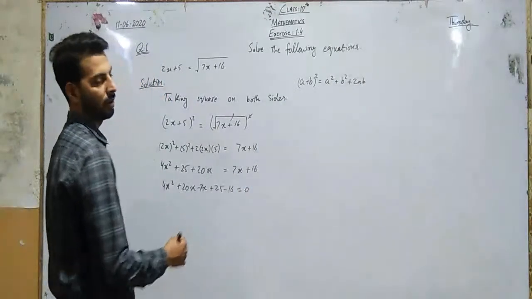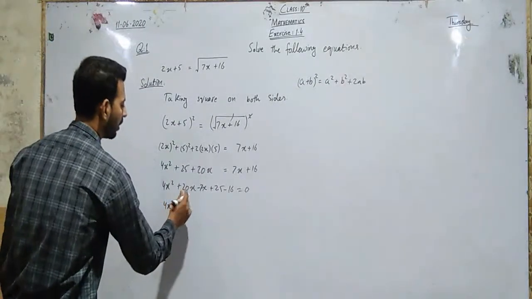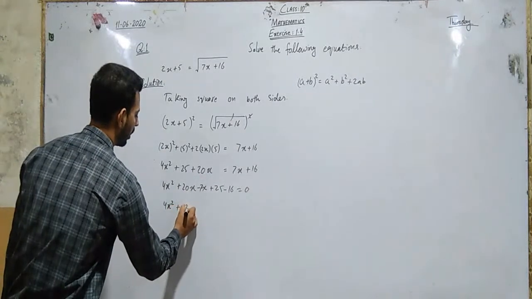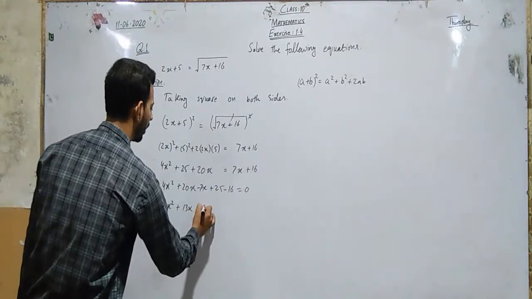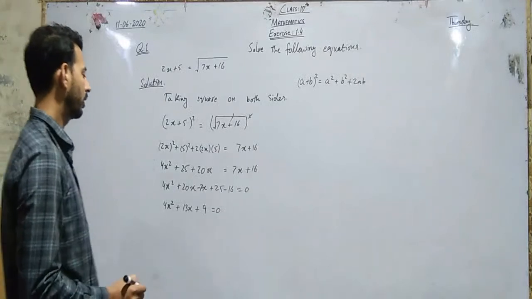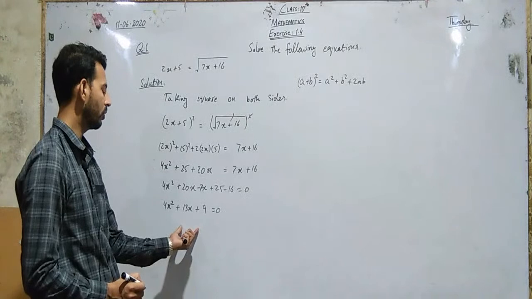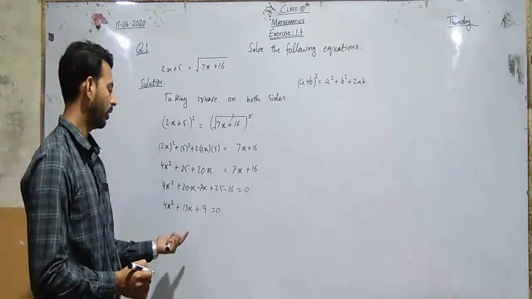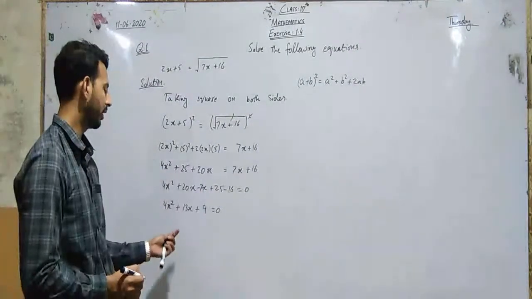Now we will do the calculations: 4x squared, 20 minus 7 is equal to 13x, plus 9 equals 0. Students, now we have a standard quadratic equation, and we can solve it by factorization, by the completing square method, or by the quadratic formula.